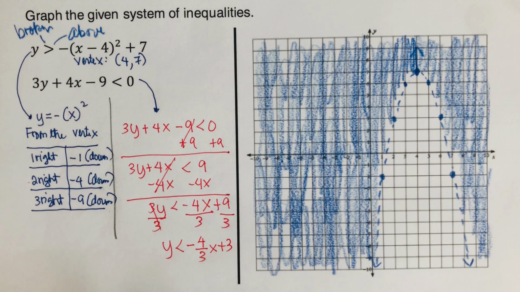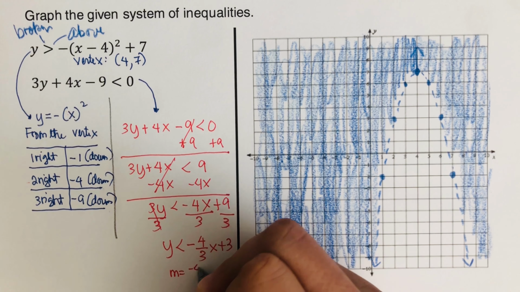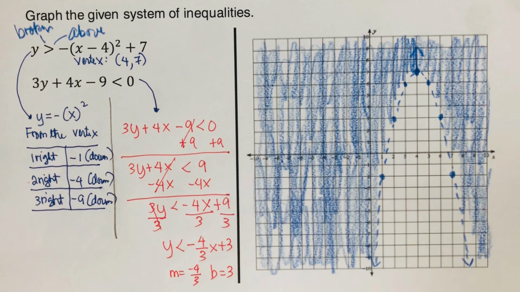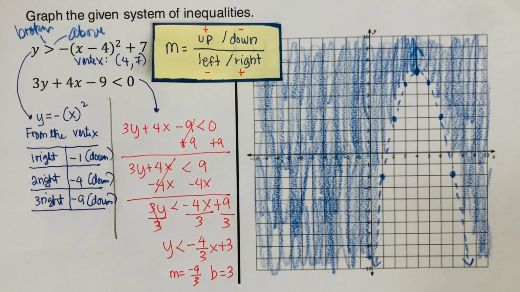Okay, so we got this equivalent equation right here. We had to isolate y by itself. So that means the m for this is negative 4 over 3, and then the b is 3. Now we remember the m represents the slope, and this is what it means.